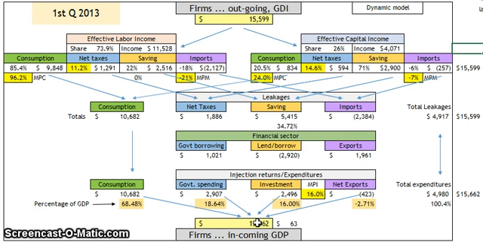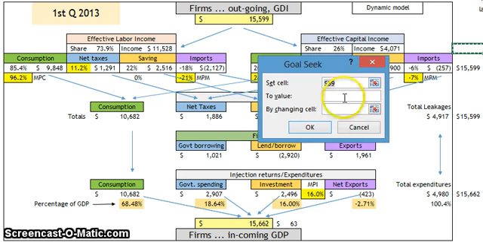Now in this dynamic model, what I will do is do a goal seek. Show you how this is done. So this is a goal seek, so I set this cell down here, I want it to go to 0.